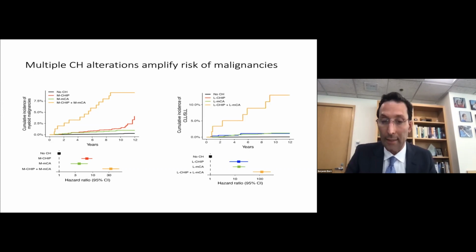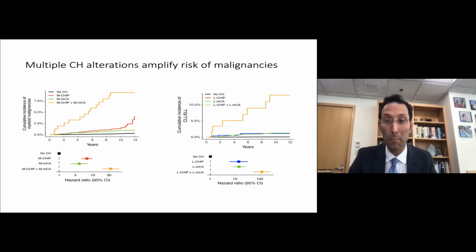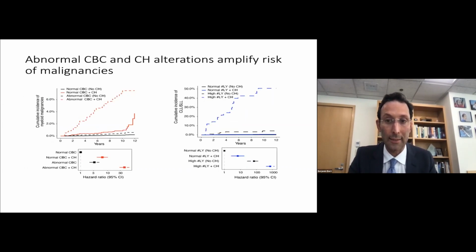And on the lymphoid side, similarly, a lymphoid point mutation plus a lymphoid copy number abnormality is associated with a hazard ratio of about 100 for the development of a lymphoid malignancy. So the more mutations, or the combination of a mutation and a copy number abnormality, is associated with a very dramatic increased risk. And I think this starts to have implications for our diagnostic boundaries between CHIP and MDS or lymphoid malignancies like CLL.